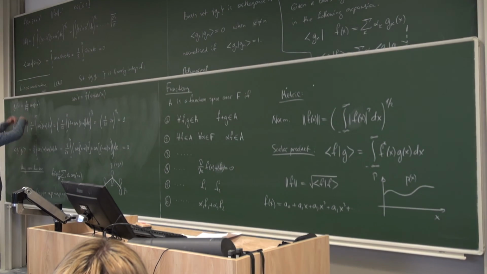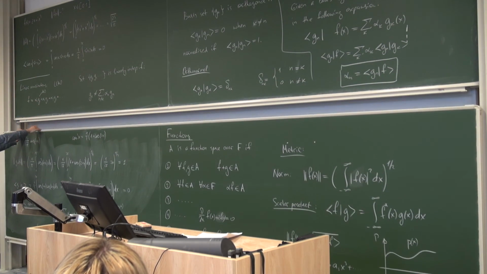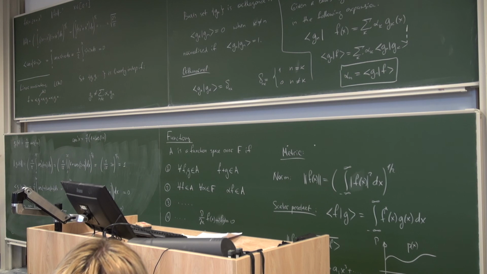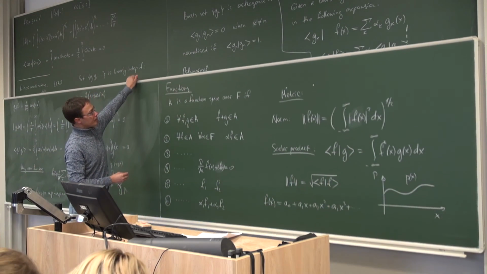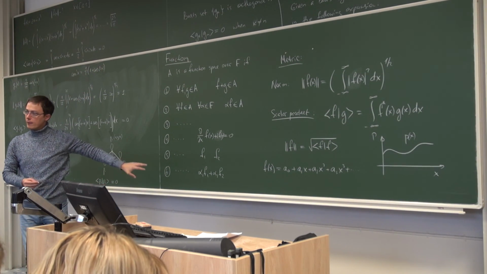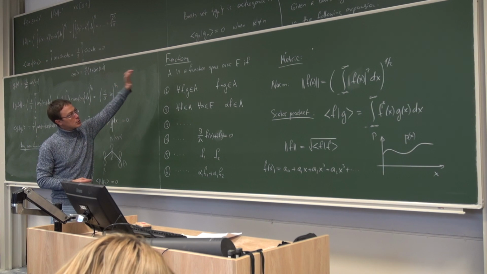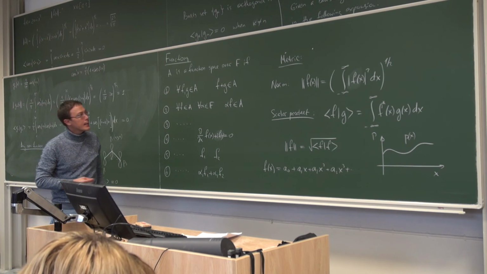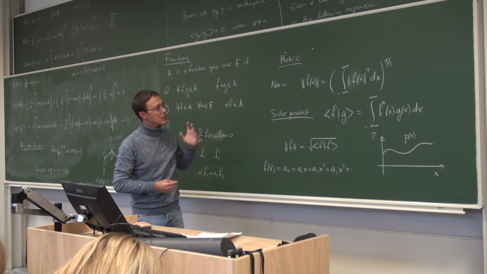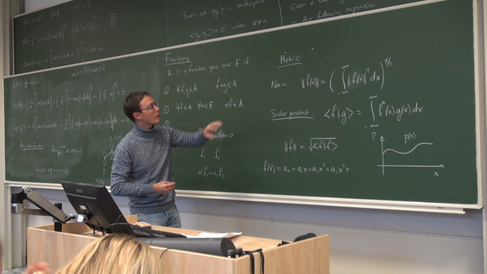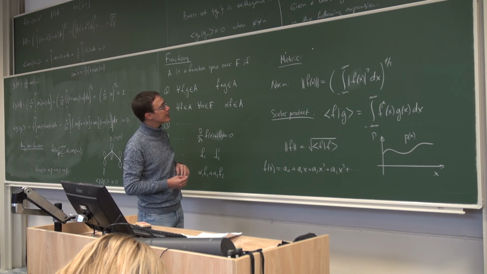Okay, so the summary of today is we have taken what you already knew about vectors, and we have copied it literally over to the functions. We have introduced the notion of function space, then we have adopted the metric, except we had replaced sums with integrals because our functions are not discrete but continuous.